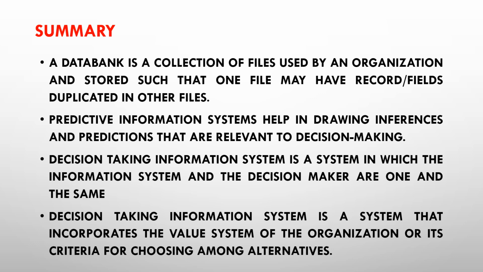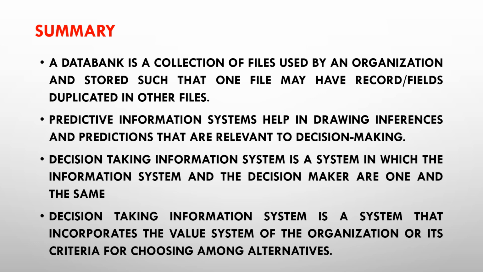The decision taking information system is a system that incorporates the value system, like I told you when we talked about customer relationship. We use that as an example. It incorporates the value system. So whenever a customer comes, because the system has a value, it works on that value.